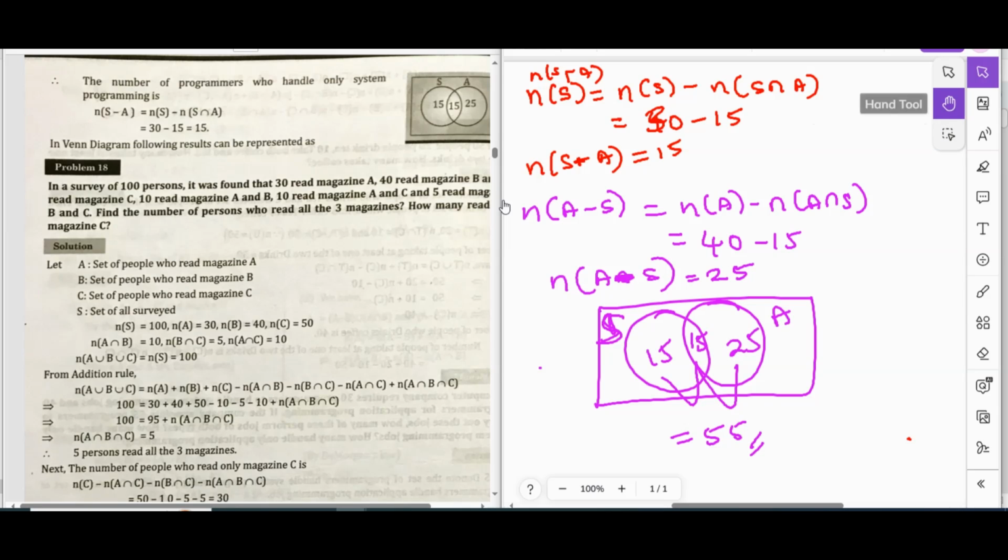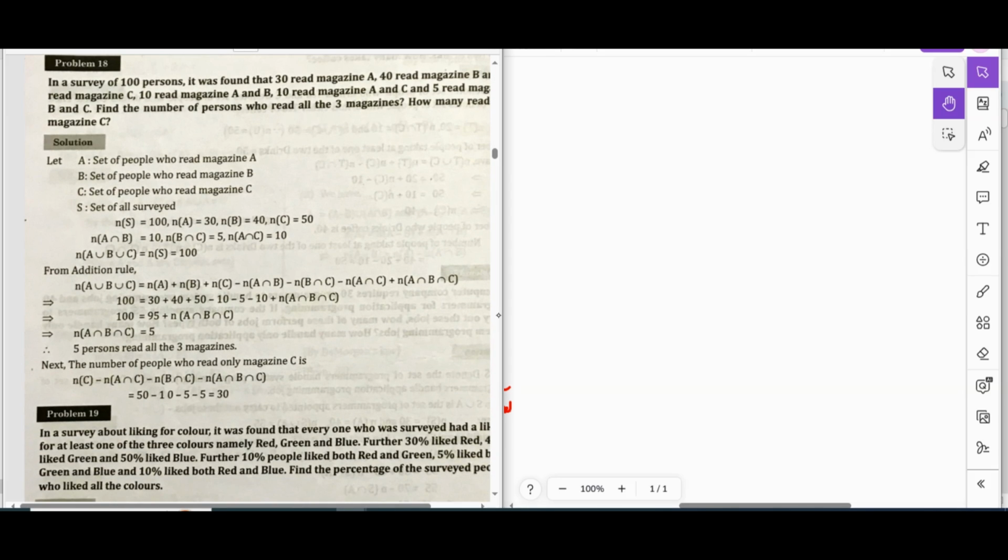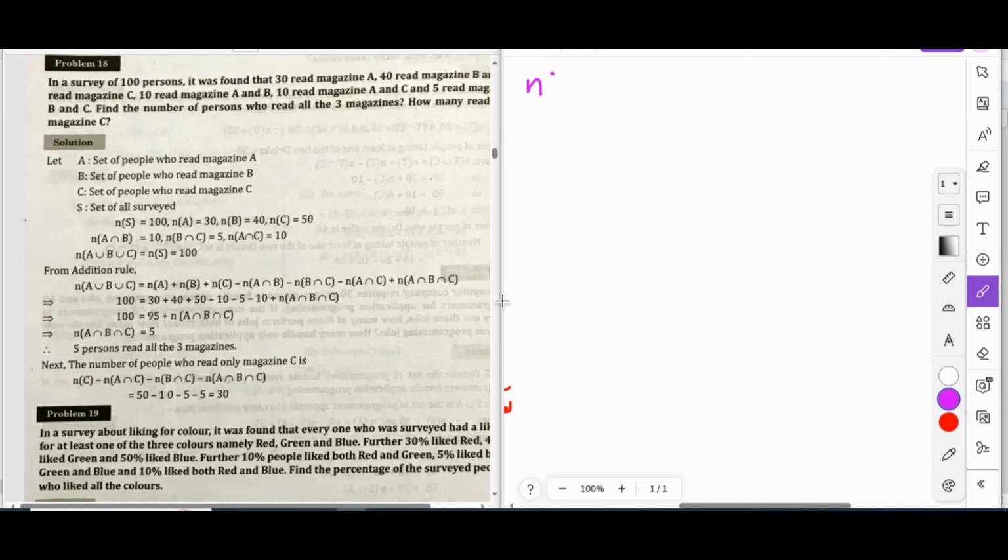Okay. So we are moving on with the next question. In a survey of 100 people, how many people are there? There are 100 people. So N of U will be 100.